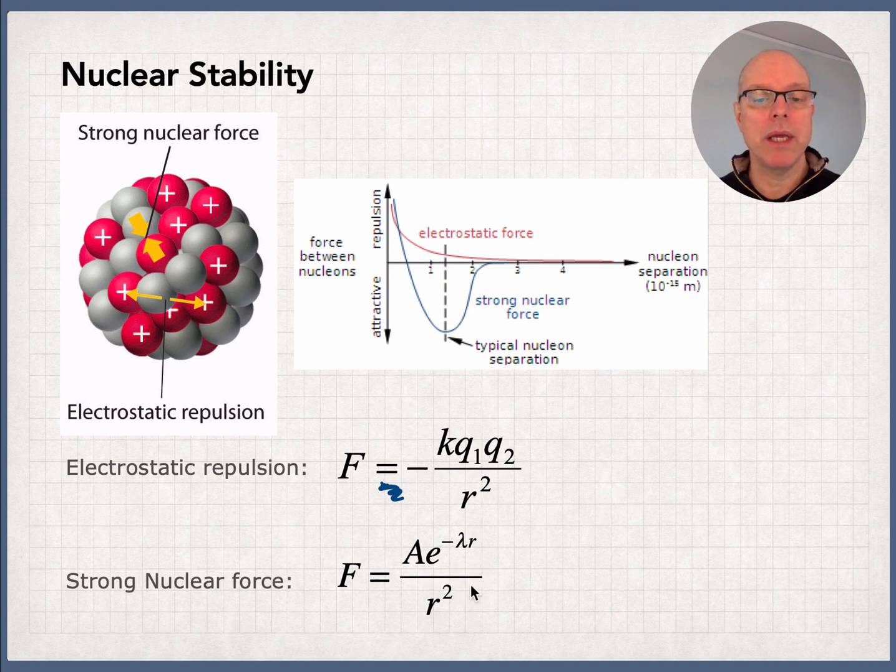So it turns out that the strong nuclear force is very, very strong, stronger even than the electrostatic force, except it drops off pretty quickly because of this extra term that makes the force become small over distance. In small nuclei, the strong nuclear force really dominates and you get stable nuclei. In bigger nuclei, the strong force starts to wear out, and it's not able to constrain all those subatomic particles together.